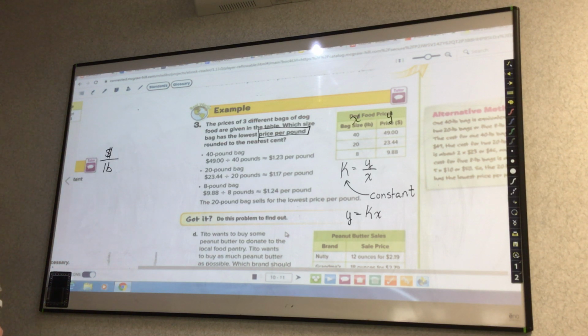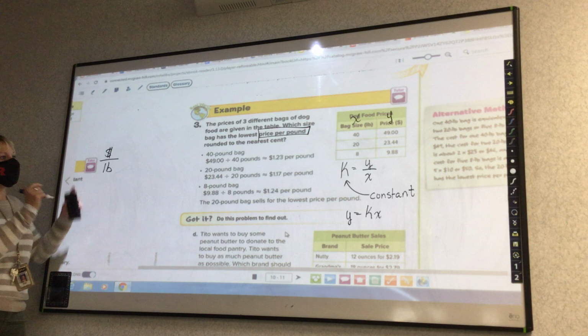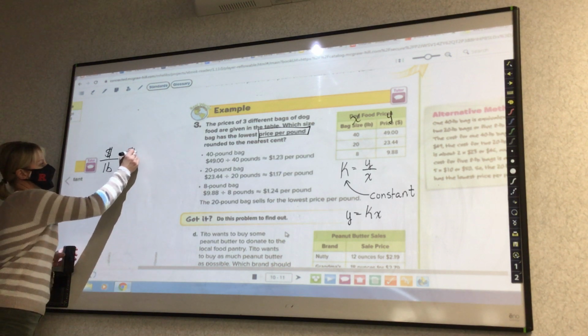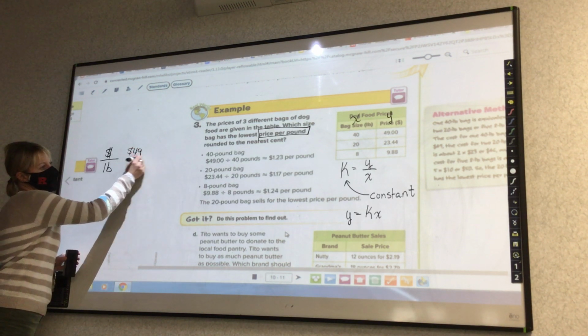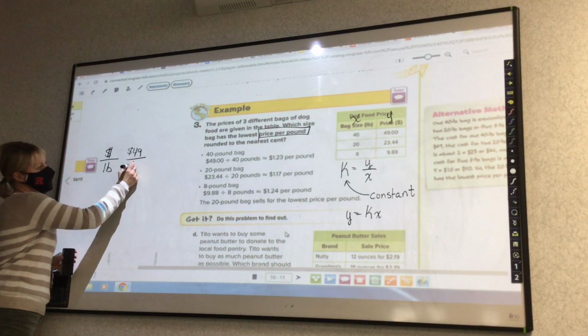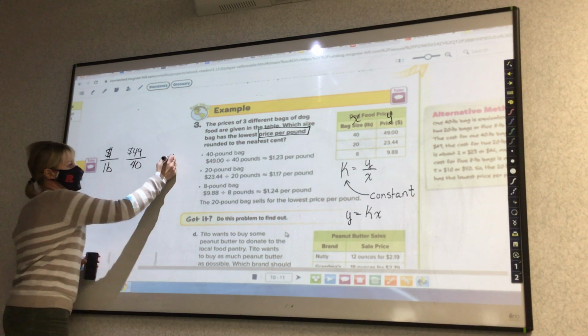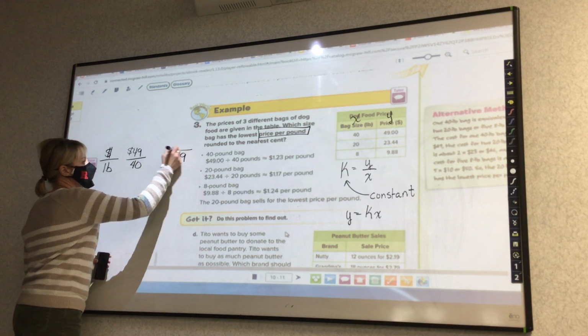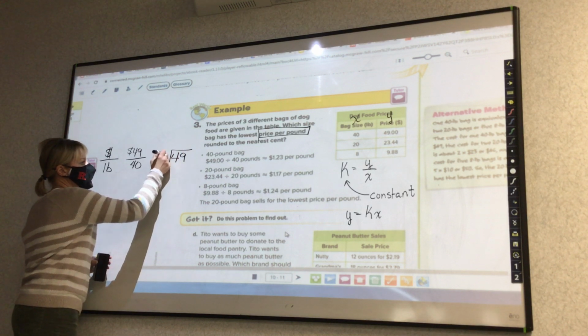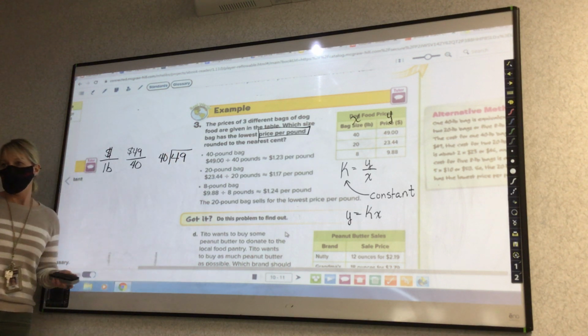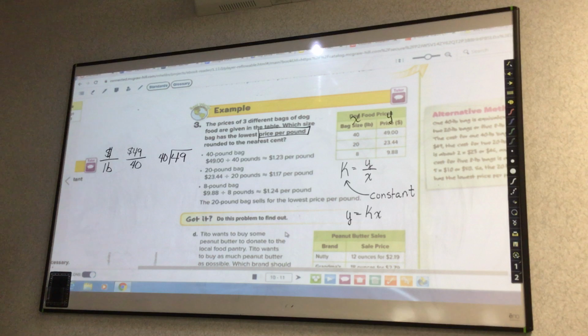It's not 5 divided by 25. It's really the dollars, 25 divided by 5. So the cost is $49. I'm going to put $49 here, divided by the pounds, which is 40. Then I'm going to show it's 49 divided by 40. Somebody get out the calculator and just do that for me, please.